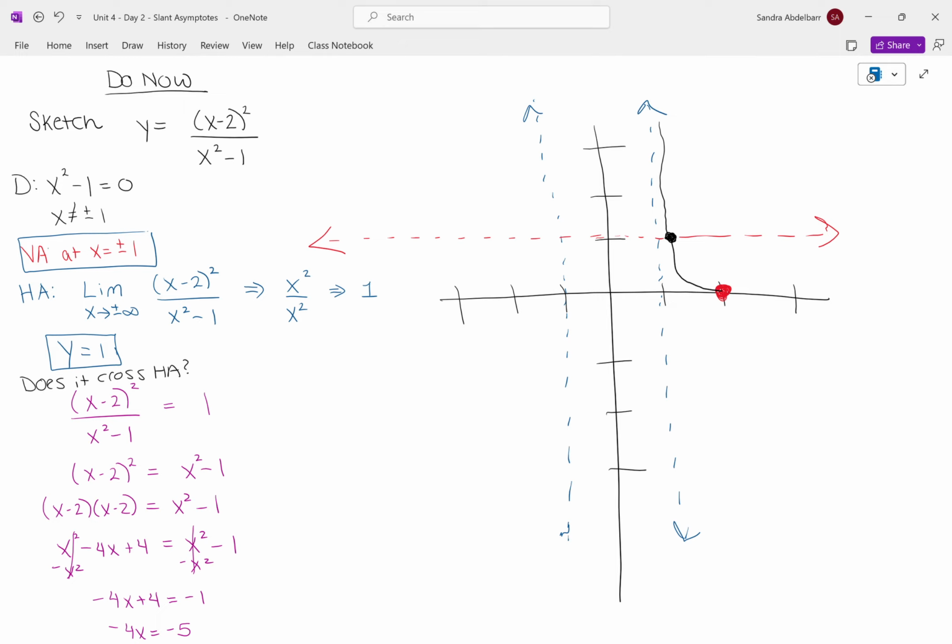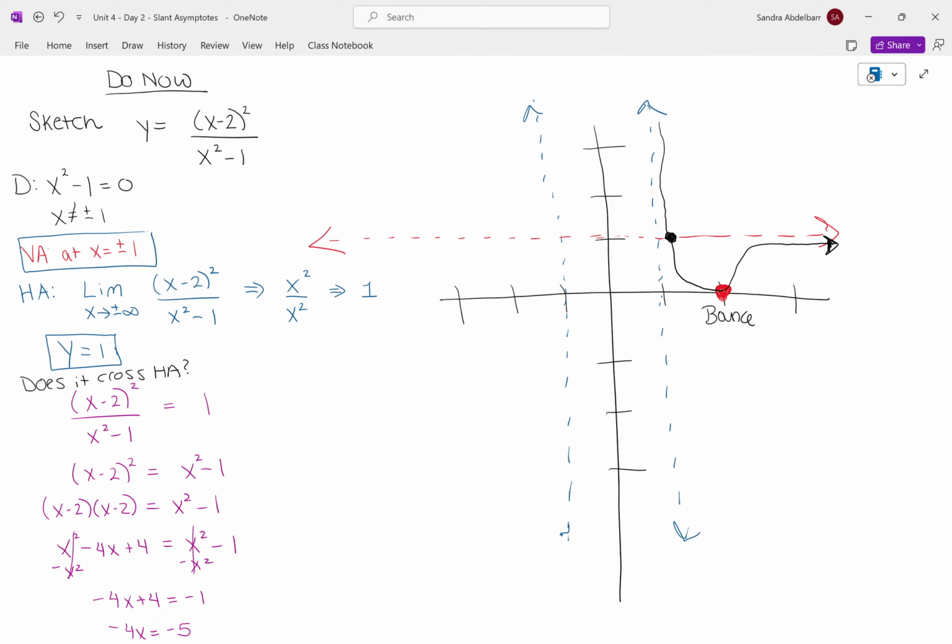But then I'm going to hit that 0, but this was a bounce, right? So then what happens? I have to bounce back up and now follow the horizontal asymptote.